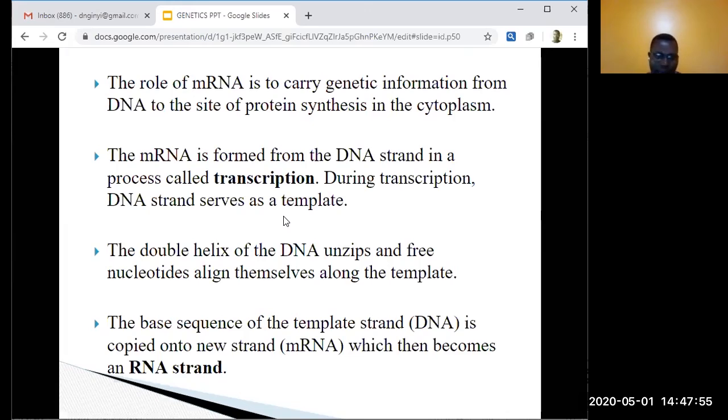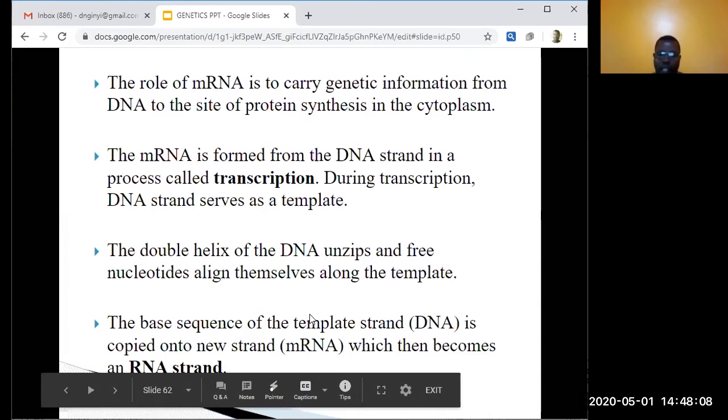So the double helix of the DNA will unzip, and of course, free nucleotide molecules will align themselves around the template. Maybe we'll appreciate this as we look at some of the diagrams in the next slide.